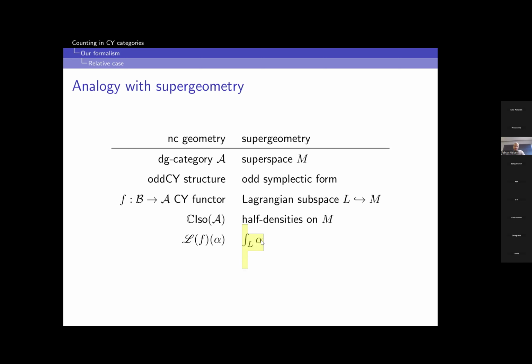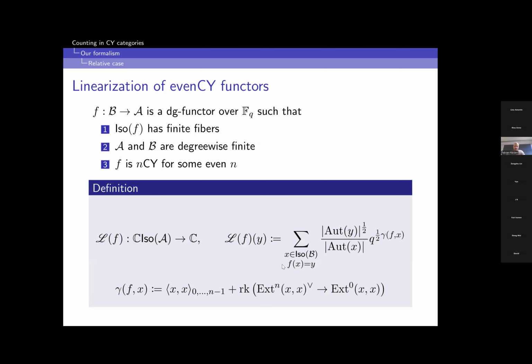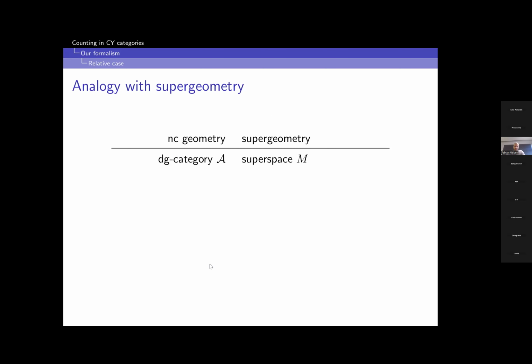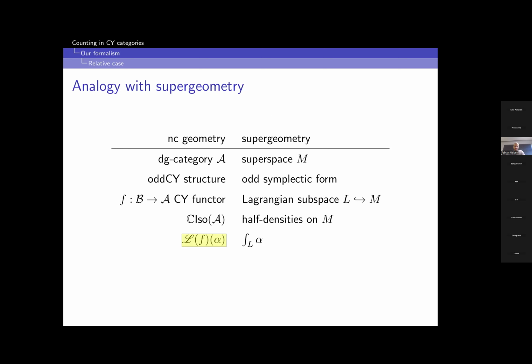So this integral doesn't depend on any additional volume form or anything, just the fact that L is Lagrangian, that alpha is a half density, and that you have an odd symplectic structure. And so the analog of this is the functional that we define, on the previous slide. So this, which has a slightly complicated formula, I want to think of as analogous to integrating a half density over a Lagrangian subspace.